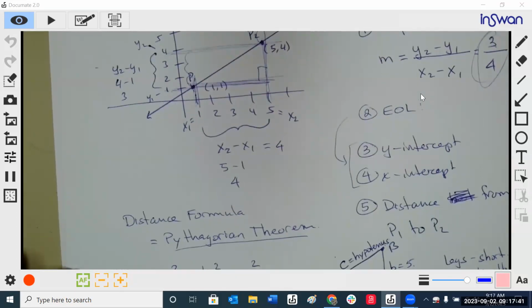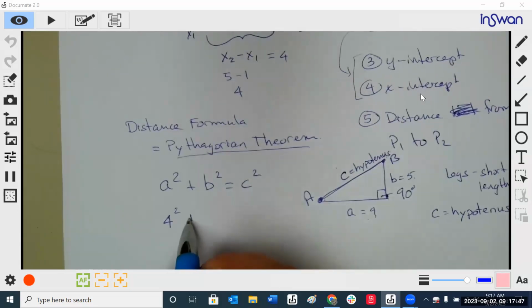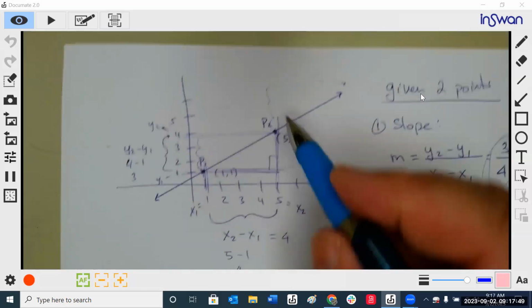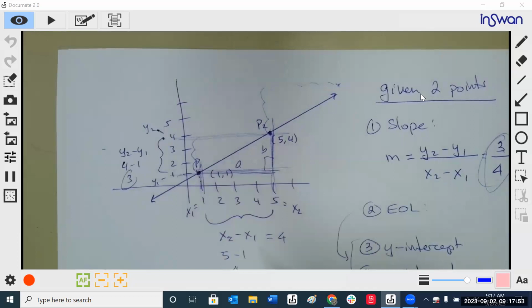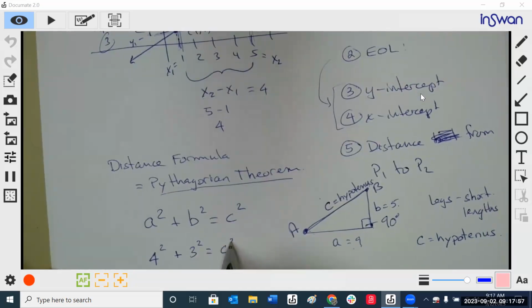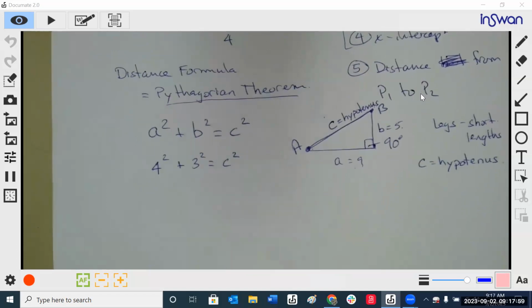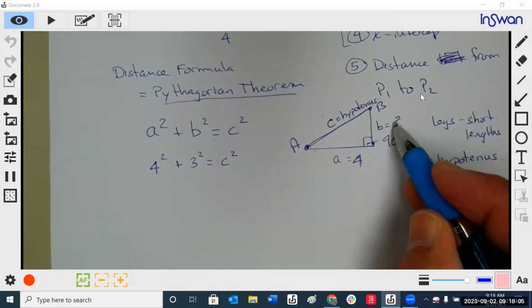So we know that this one equals 4 squared. And the B, this is A, B is 3. So we know the lengths of these. So this is 4 and this is 3.